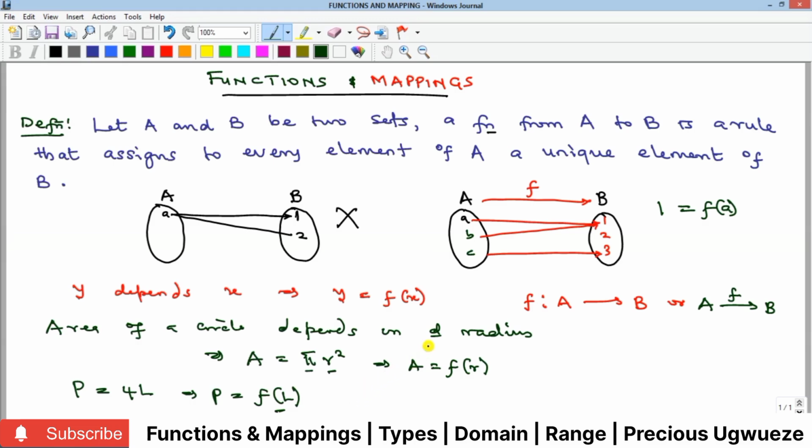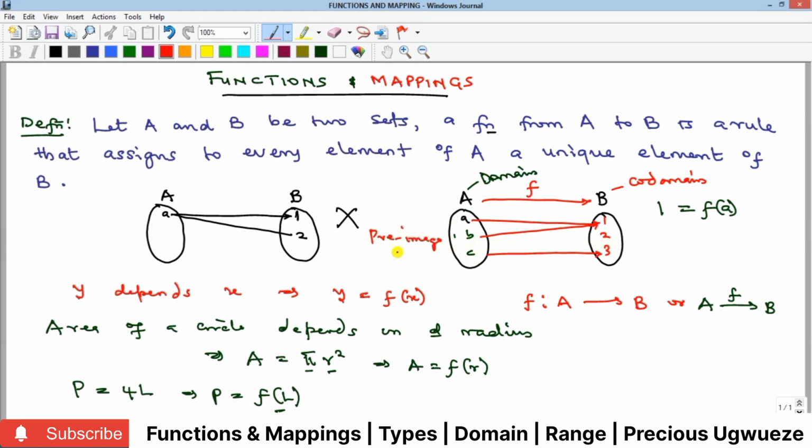Now, from what we have here, when you have a function in this way, the set you are starting from and mapping to another set is called the domain, while this other set B is called the codomain. And the elements inside A that are mapped to something in B are called the pre-image.